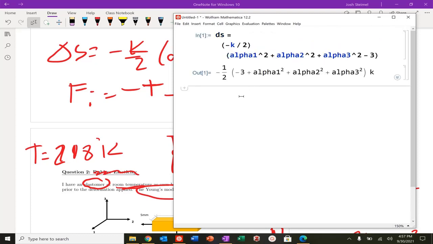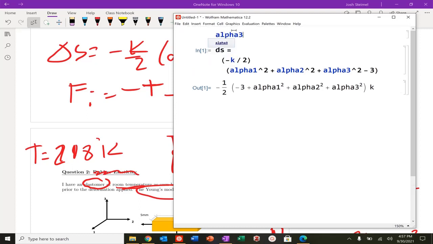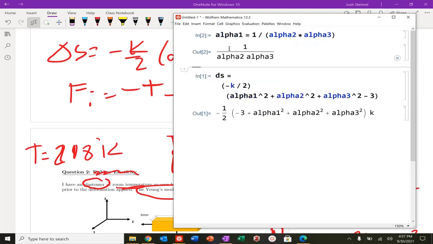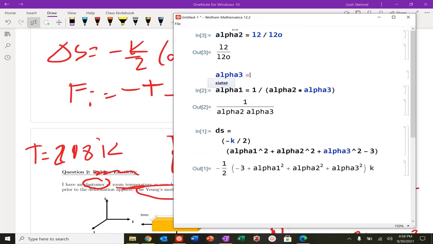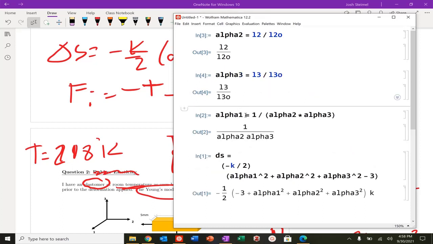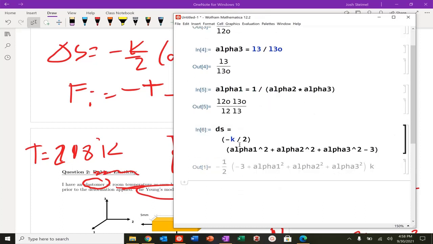Then I'm going to define, above here, alpha 1 equals 1 divided by alpha 2 times alpha 3, and we also know that alpha 2 equals the new length in direction 2 divided by L2 naught, and alpha 3 is equal to L3 divided by L3 naught. So I've got those values, plug them in here as well.